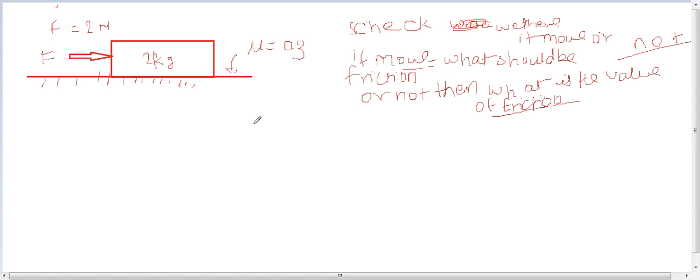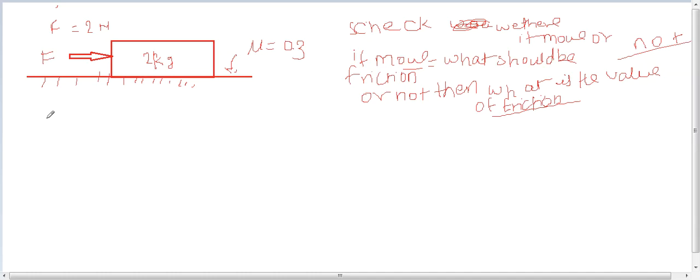Okay guys, so who is going to help us? We have written nearly two or three equations, and with the help of those equations we do this.